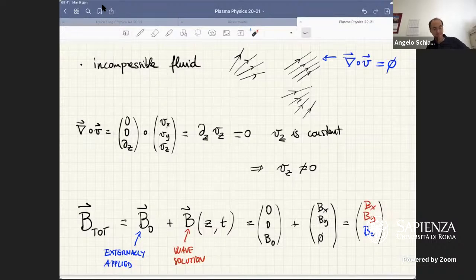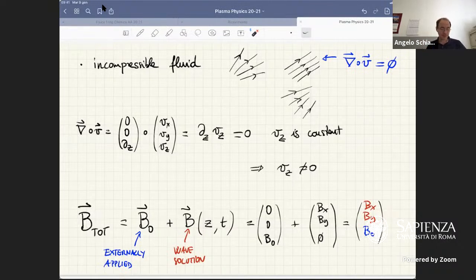If you remember, one of the fundamental equations for the magnetic field is that we're requiring that the magnetic field doesn't have monopoles. So it means that the divergence of the magnetic field is zero. This is a fundamental equation for B, saying that B is a solenoidal field.